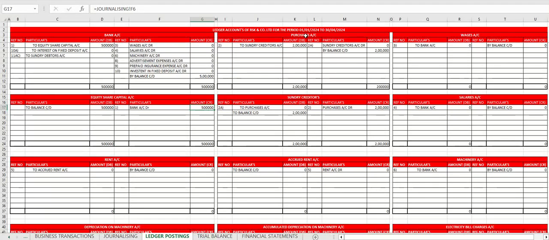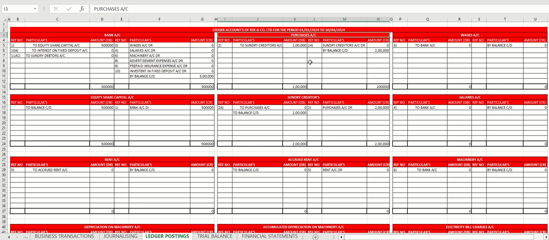Okay, so I have created the purchase account over here and I have already made the entry: purchase account added to sundry creditors account. So sundry creditors I have posted over here. Okay, and I have created the sundry creditors account wherein I have made the entry as by purchases.